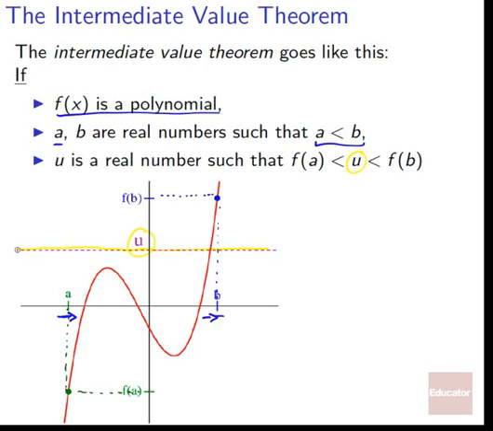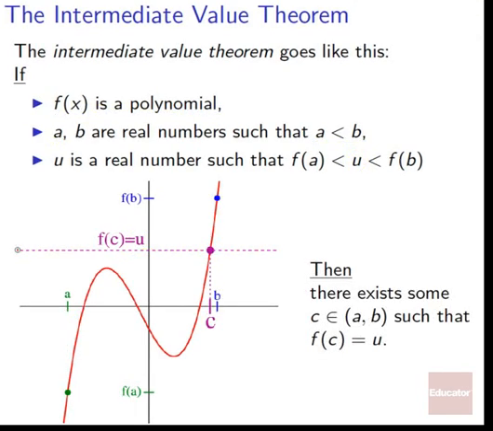So the intermediate value theorem tells us that there exists some c contained in [a, b] such that f of c equals u. So we are guaranteed the existence of some c that's going to give us this height u, right?